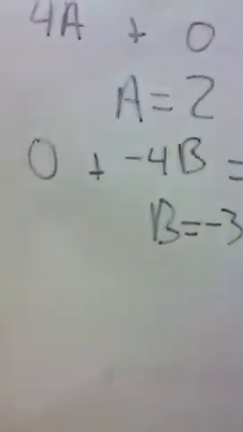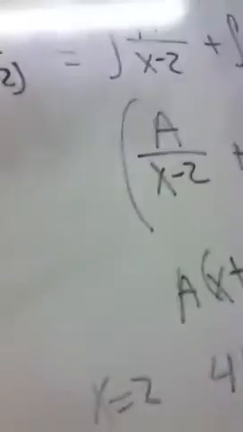Now that you have what your A and B equal, you can go back up here and plug them in. We're going to go over to the side and rewrite this.